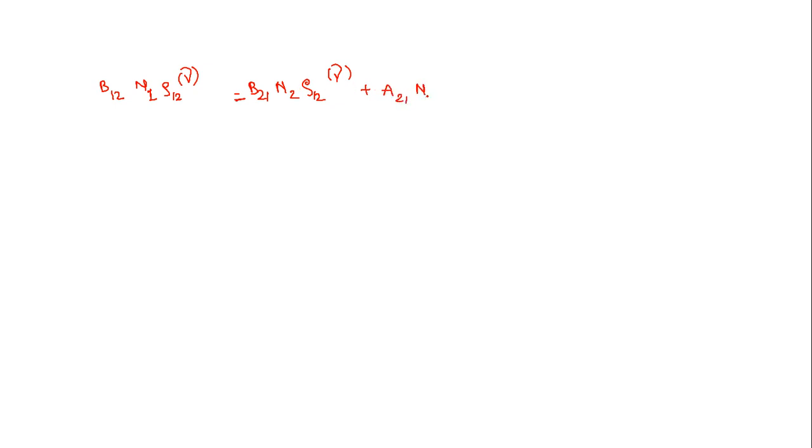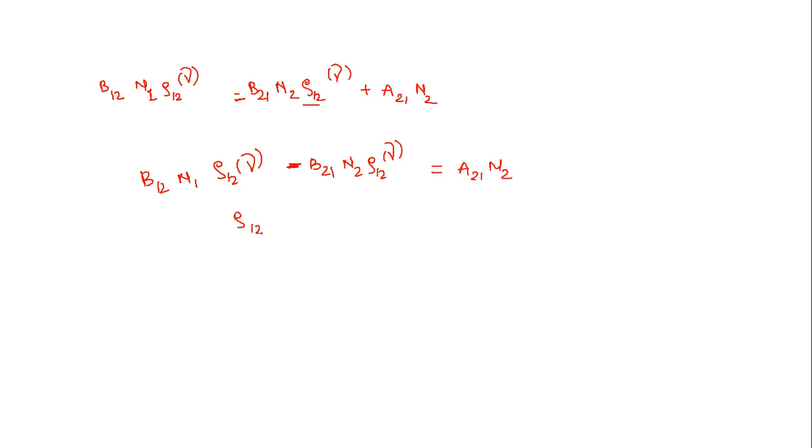A21 into N2. Now I'll bring these two terms with rho common to the LHS, so it will be written as B12 N1 rho 12 nu minus B21 N2 rho 12 nu is equal to A21 N2. Got it?